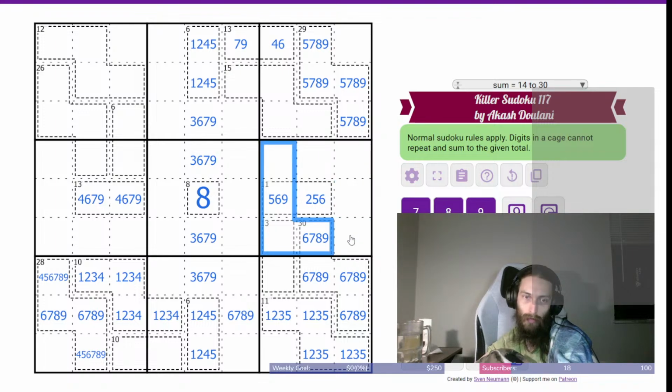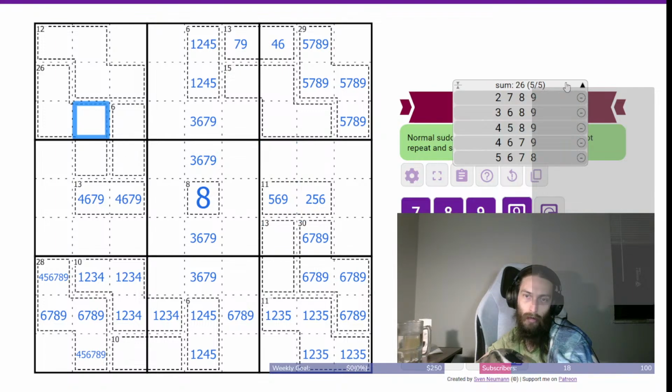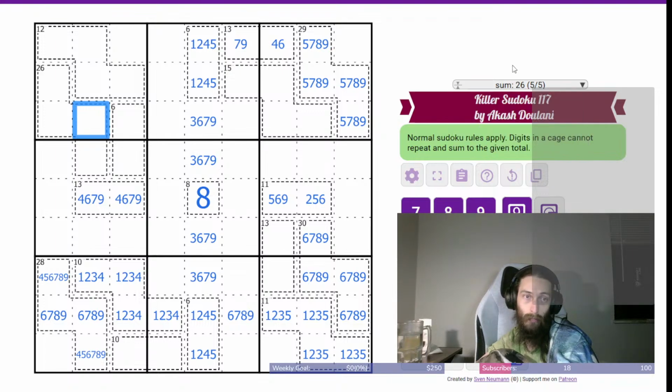Because it's out of all of those. No, it's not. The 29 and the 30 both require 7, 8, and 9. Right. Does the 26 require 8 or 9? Requires 8 or 9, but not both. I'll leave that alone for the moment.